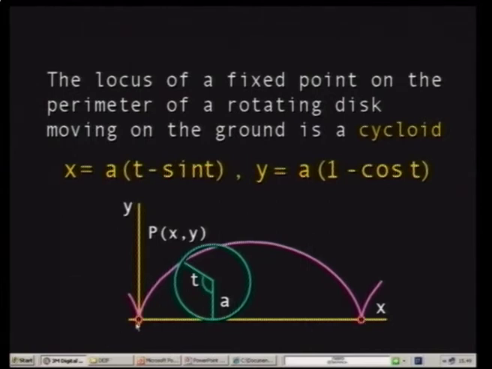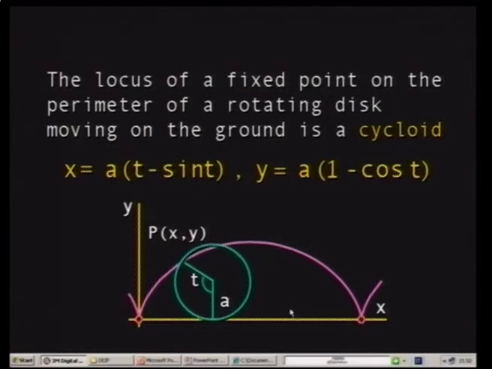So you get y here is 0 and y is 0. And at t is equal to pi by 2, you get y is equal to a, and when t is equal to pi, you have here minus 1, so you get y is equal to 2a, whereas when t is equal to 2 pi, y becomes 0, and x runs from 0 to 2 pi a.